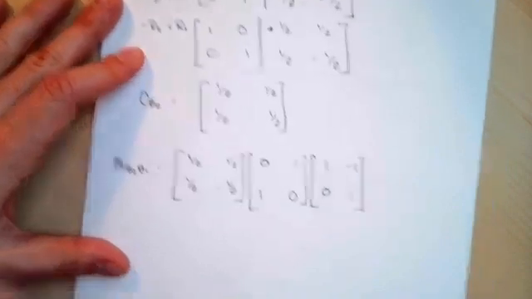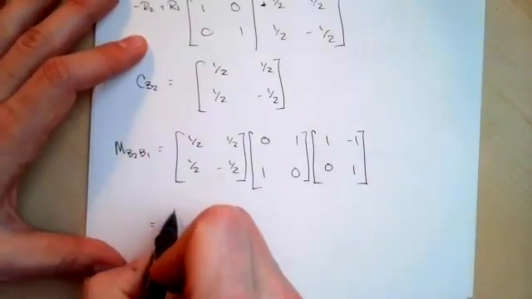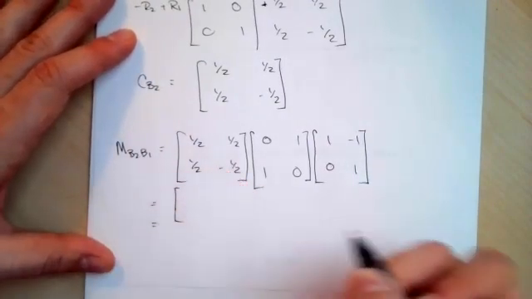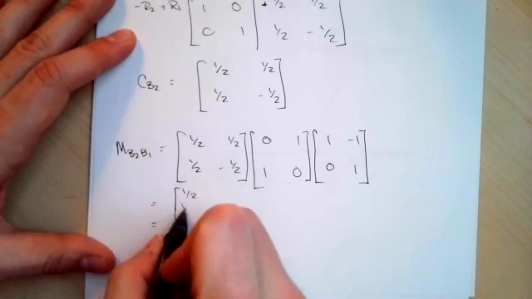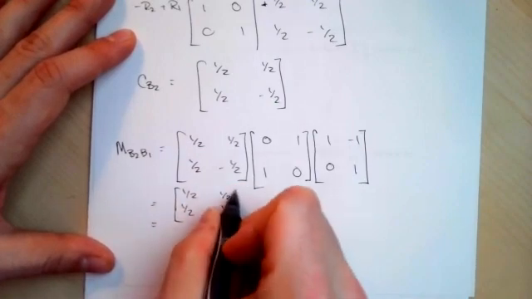Now all we got to do is matrix multiplication. Let me leave some space here. I think we can squeeze it in. Let's keep this guy and multiply the second two first.